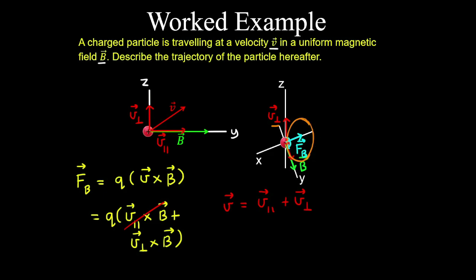So therefore, given the charge is translating along the Y direction and the magnetic field causes it to deflect in the XZ plane, the trajectory of the particle can be seen as a helix. It looks something like this.